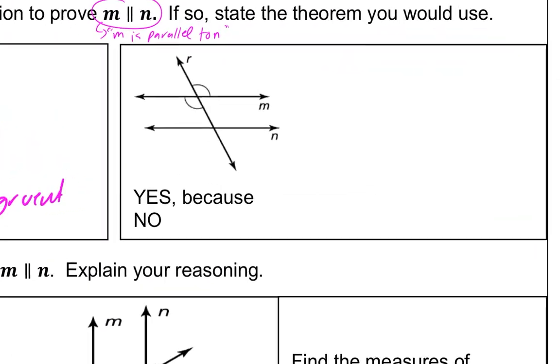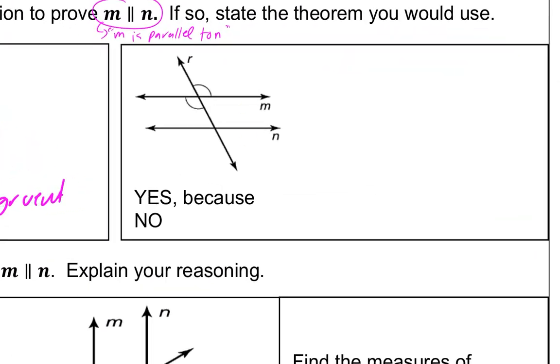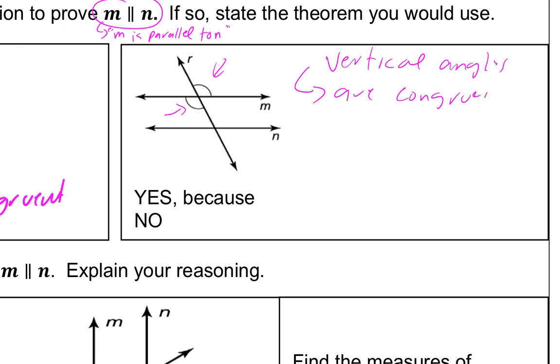Let's look at this one. This will make even more sense, I think. They want to know, is M and N parallel? Well, what do we know? We see that this one and these are vertical angles, right? And vertical angles are congruent, right? They are congruent. So we're asking, is that enough to prove that this line and this are parallel?